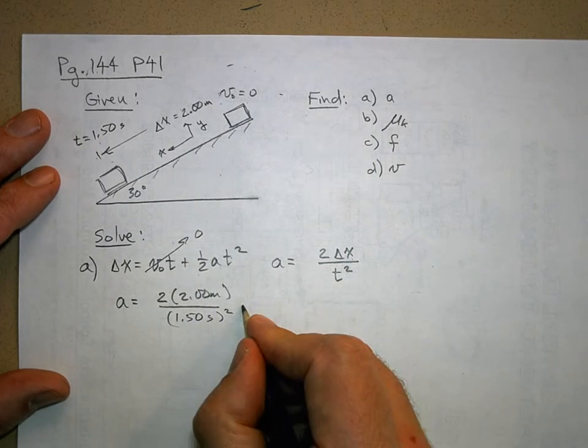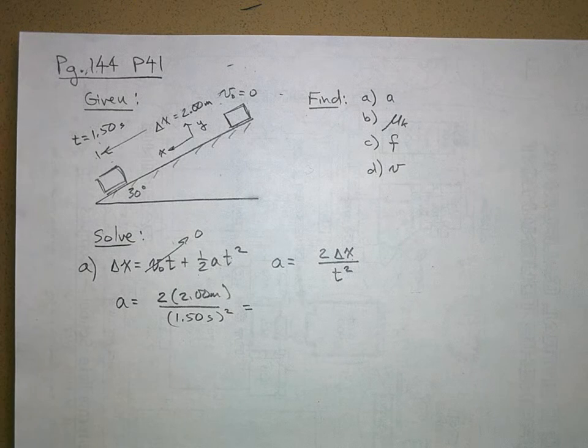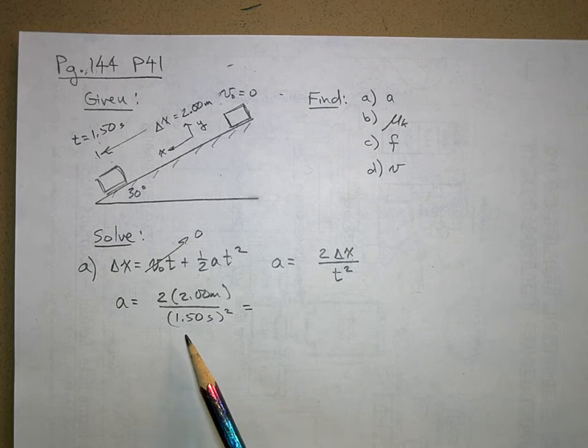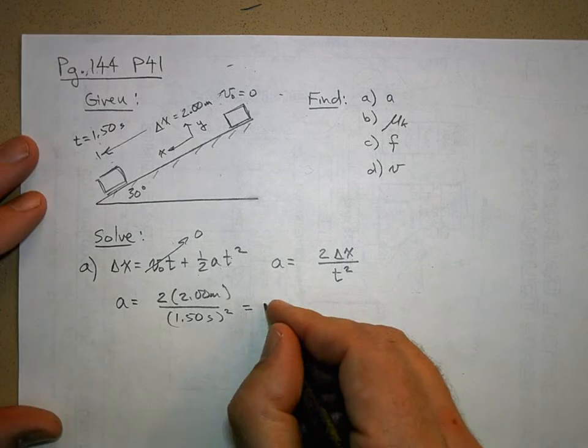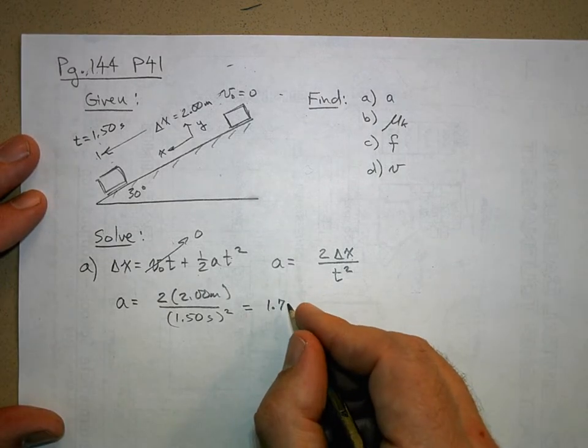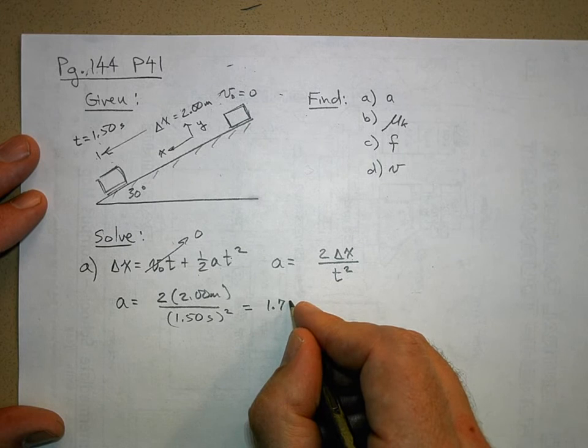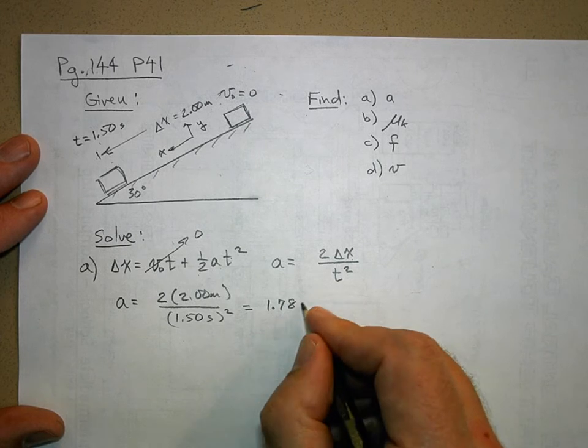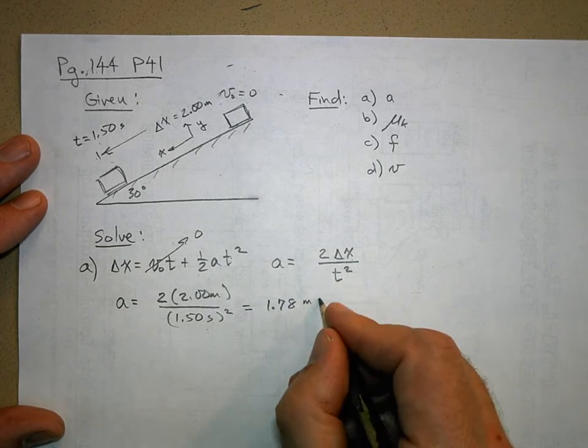So why don't you tell me what that is. Well, let's see, it's 1.78, yeah, if you round it, about 1.8 meters per second squared.